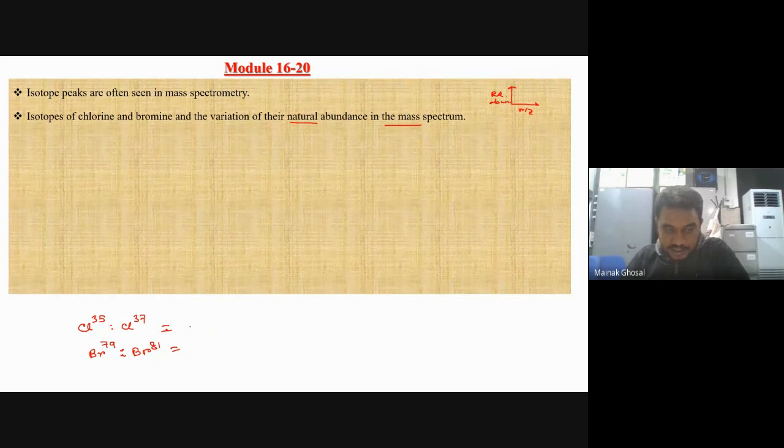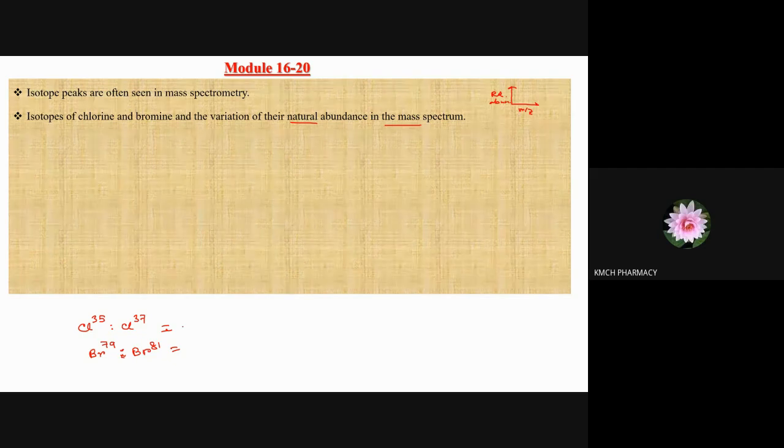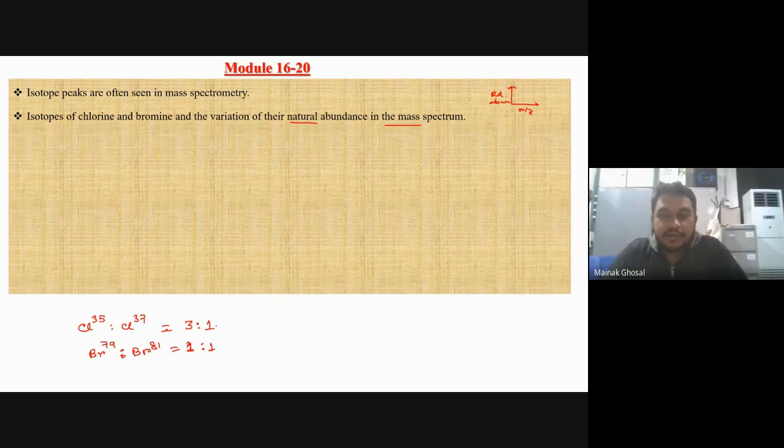What is the approximate ratio of these isotopes? 3:1 for chlorine, 1:1 for bromine. Yes. So the ratio is different for chlorine and bromine, and in the mass spectrum you will see different relative abundances for their isotopes.